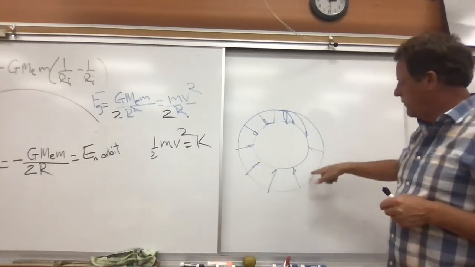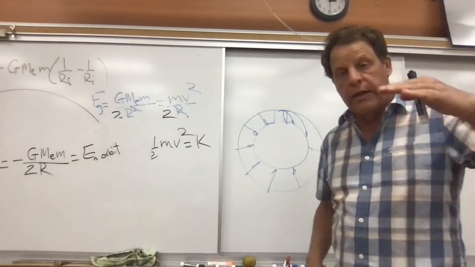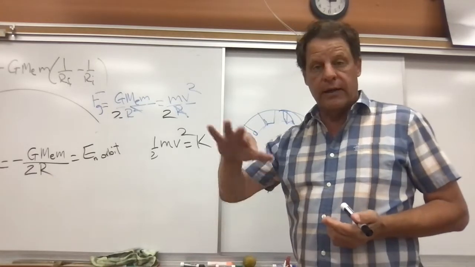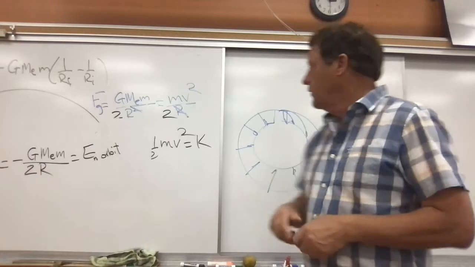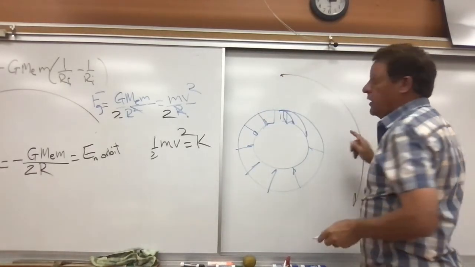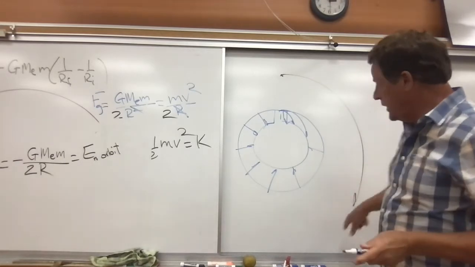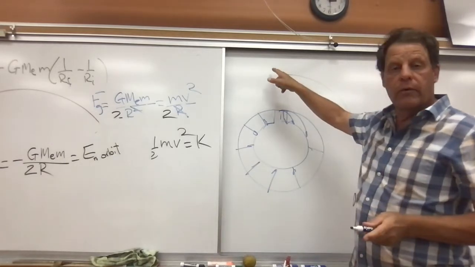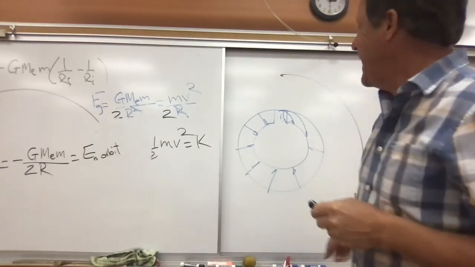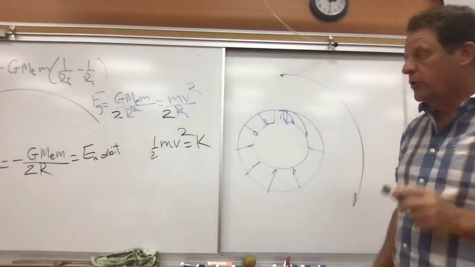It keeps falling and falling and falling, but it's falling at the same rate that the Earth is giving away due to the fact that it's a sphere, okay? So we could have an object up here, and it is going to be in orbit because it keeps falling around because gravity keeps pulling it down, all right? And that would be in a circular orbit.